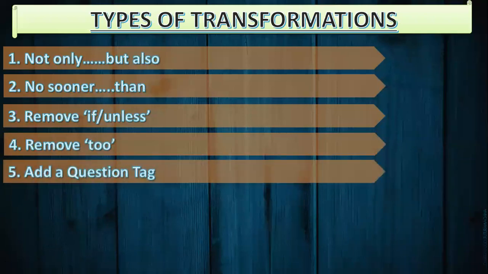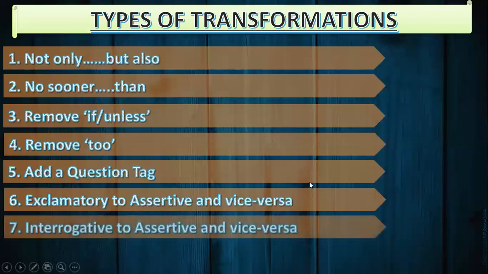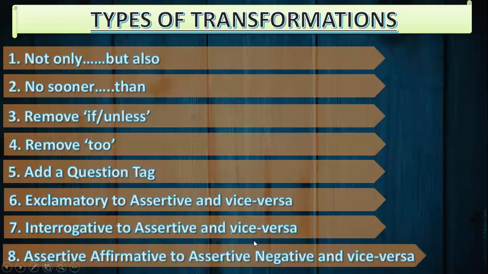Well, this was your first type. In the second part, we have dealt with exclamatory to assertive and vice versa, while interrogative to assertive and vice versa. And the last one, assertive, that is affirmative to assertive, that is negative, right?